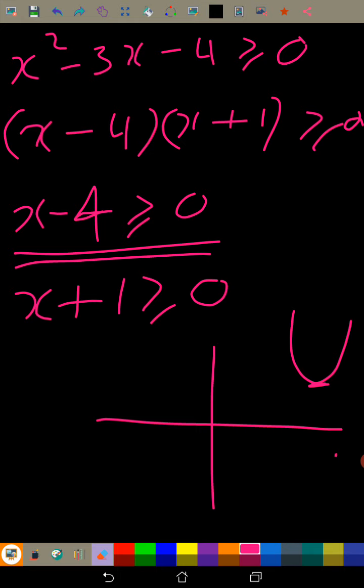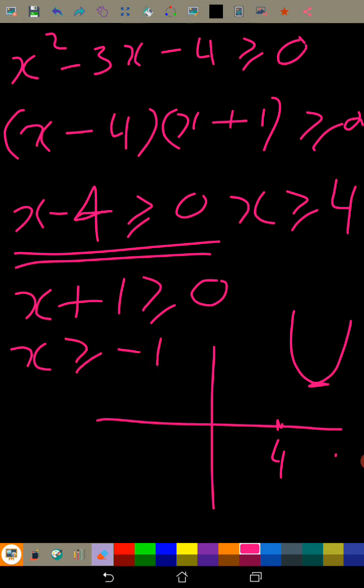So how do we know how to draw this? x is greater or equal to 4. Is it possible? Yes. So 4 is somewhere here. Now we have x plus 1 is greater than 0. But when we send it there, because it's minus here, I have to change this.